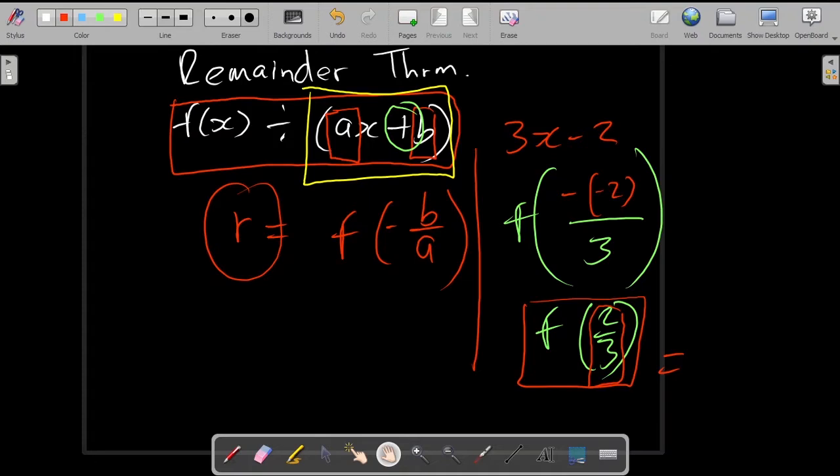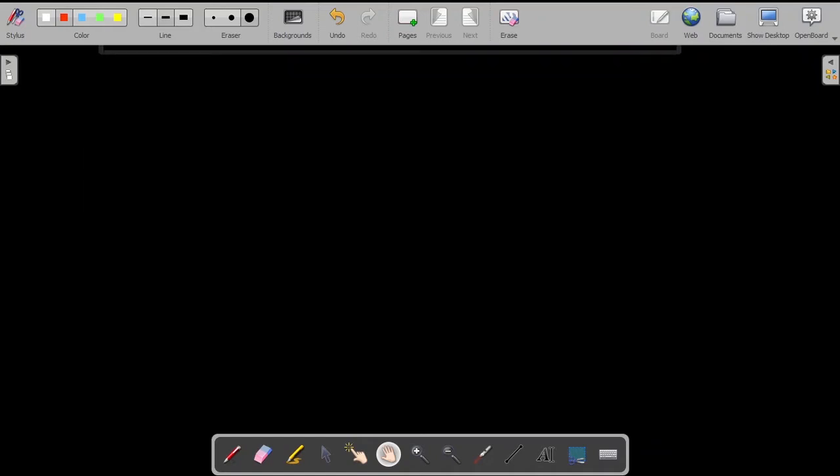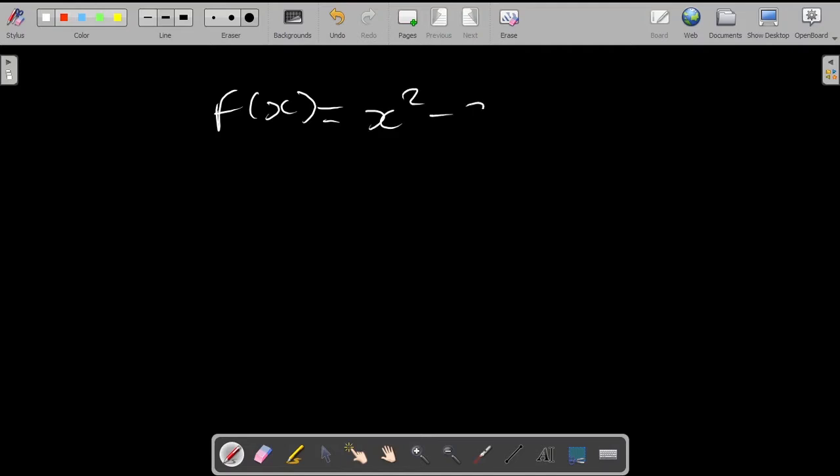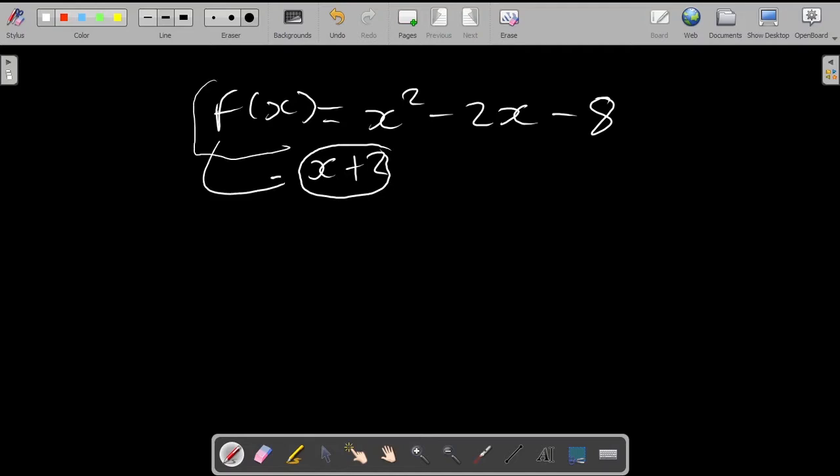So let's look at an example. Let's say our f of x is x squared subtract 2x subtract 8, and we want to find the remainder when dividing by x plus 2. So f of x is divided by x plus 2.